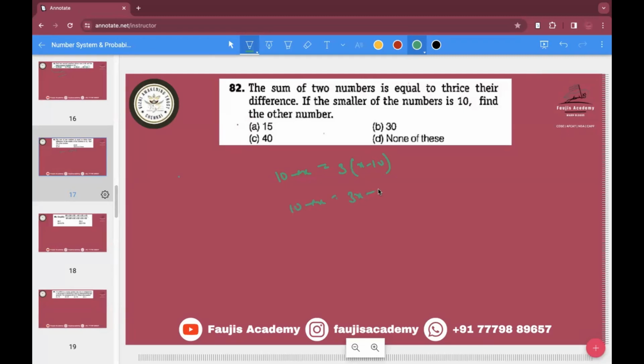How much is that, guys? What's the answer, guys? Who said 20? Yeah, 20. What's your answer then? None of these. Just tick the none of these. Confidently tick the none of these.